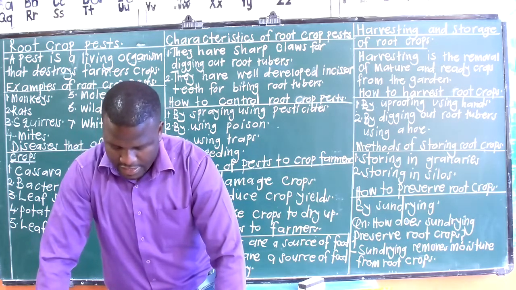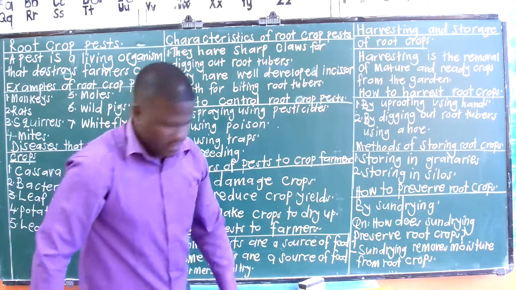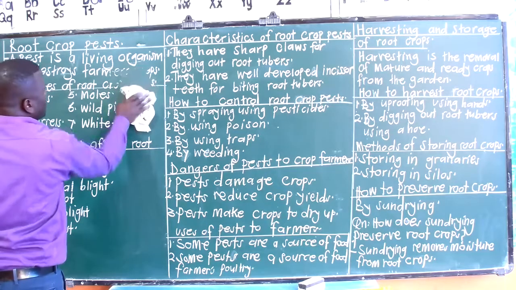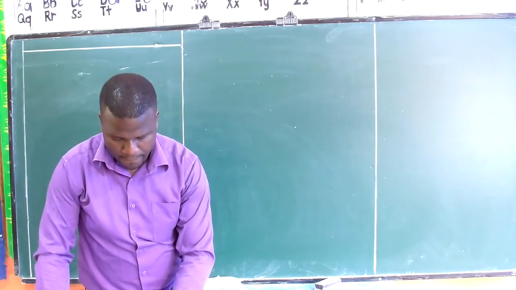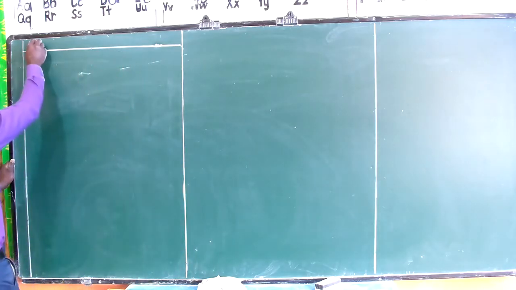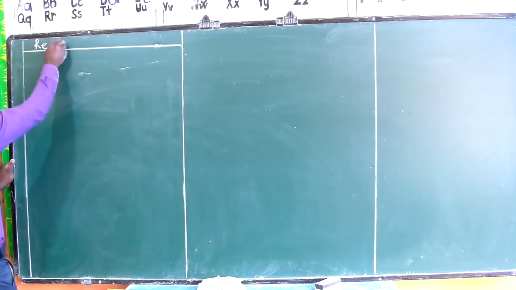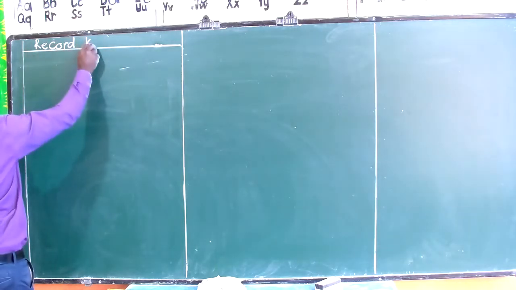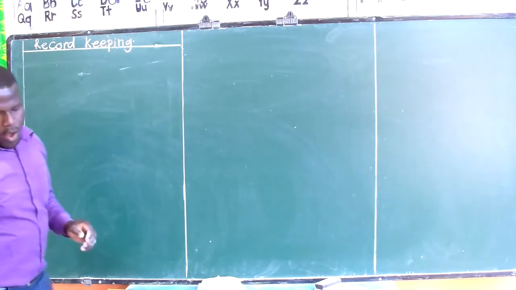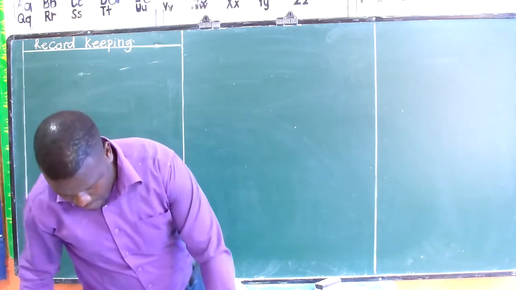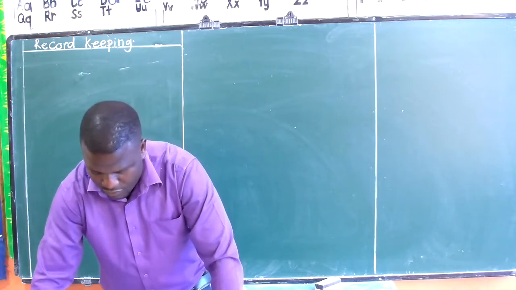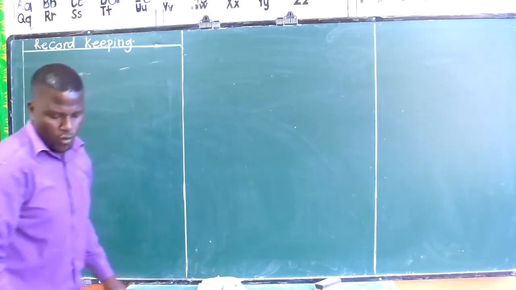Next we look at keeping and using farm records. Let's look at record keeping. We shall begin by looking at farm records. This is written information about activities on the farm.